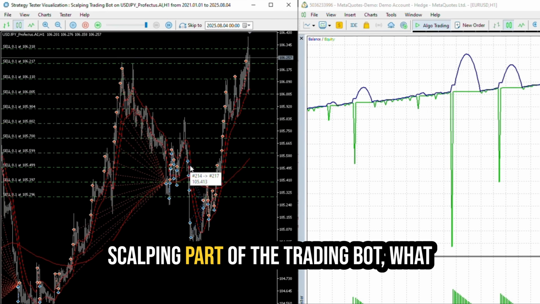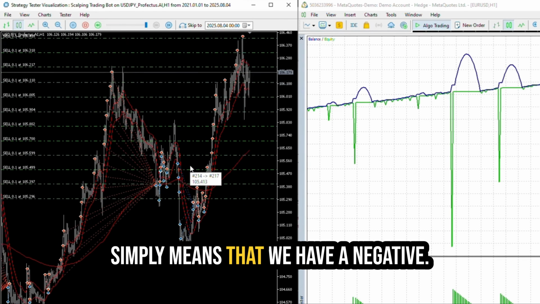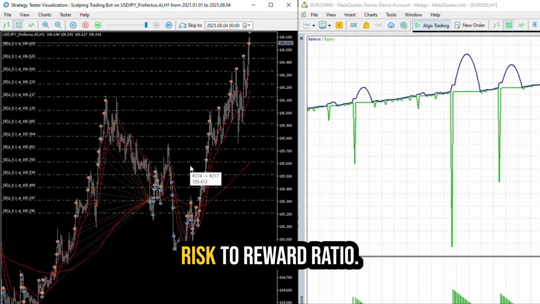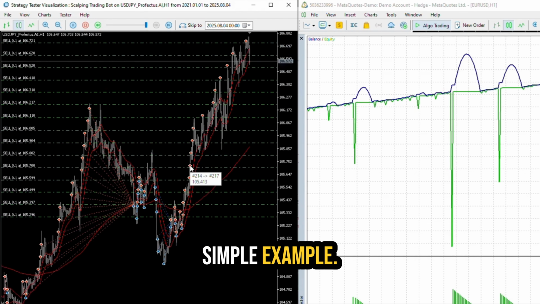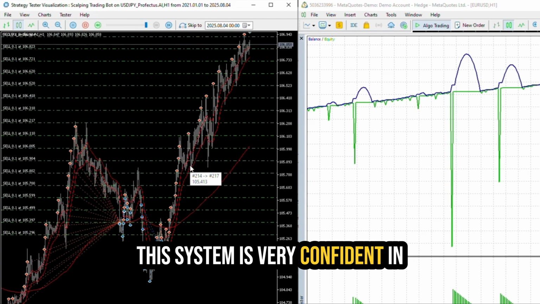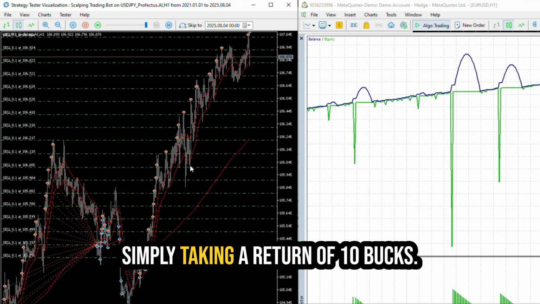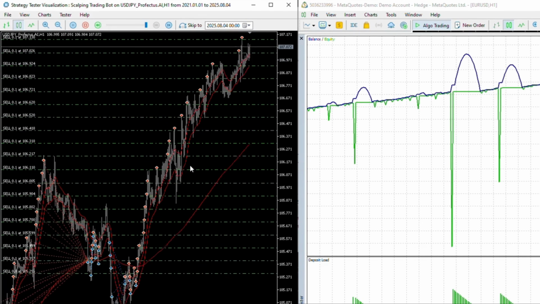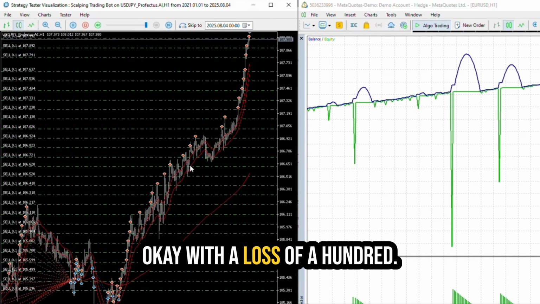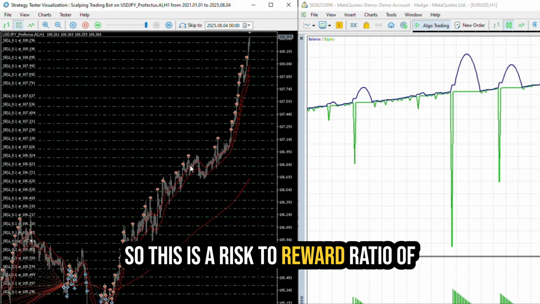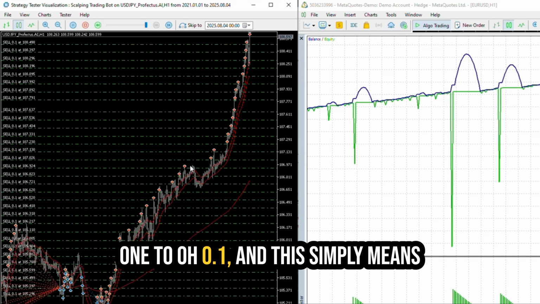And the scalping part of this trading bot simply means that we have a negative risk to reward ratio. Simple example: this system is very confident in simply taking a return of $10 and being completely okay with a loss of $100, so a risk to reward ratio of 1 to 0.1.